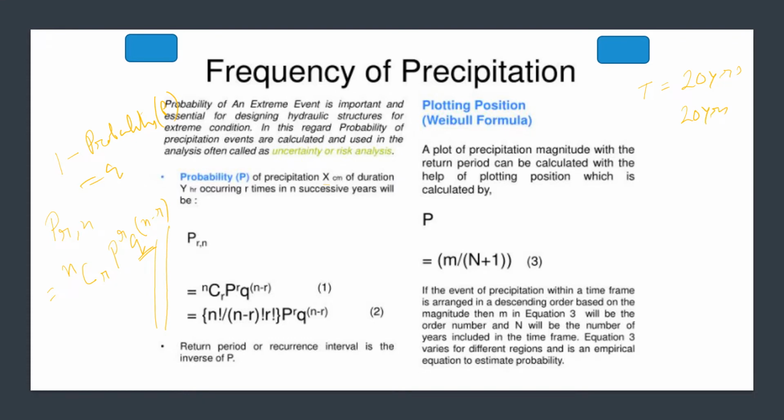The question is that a precipitation event, take for example 20 centimeter rainfall, which has occurred for 3-hour duration, and it has a return period of T equal to 20 years.